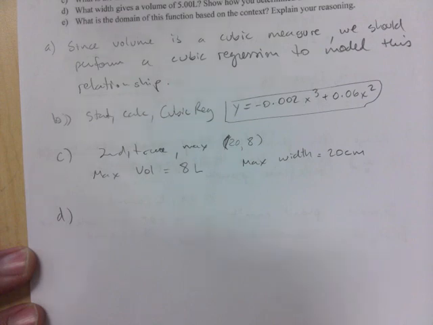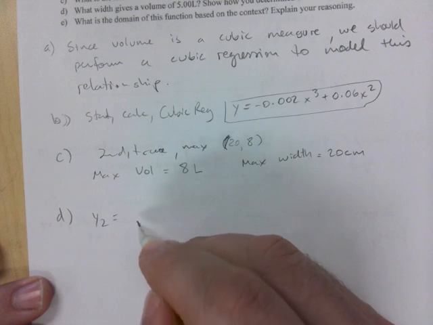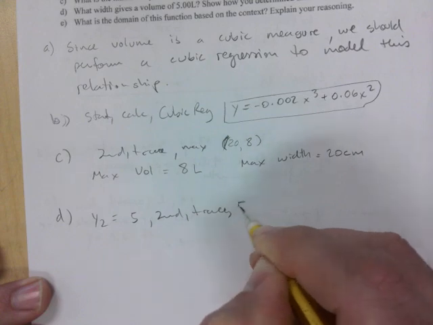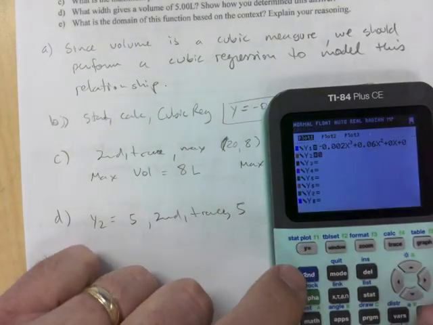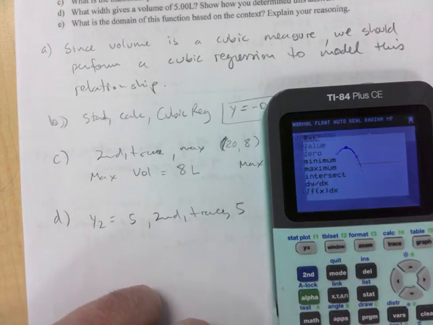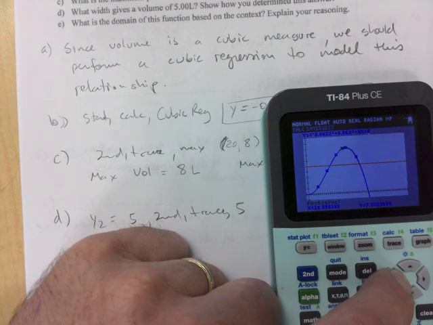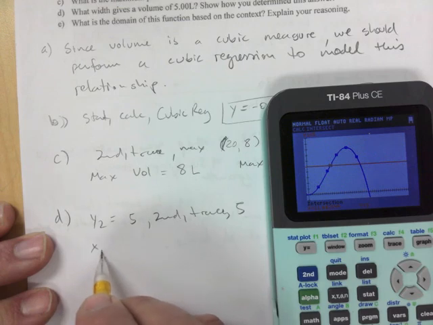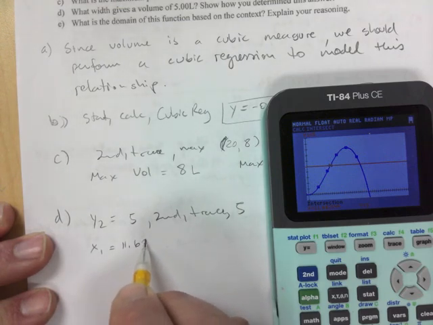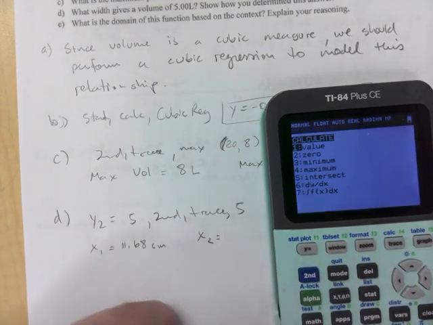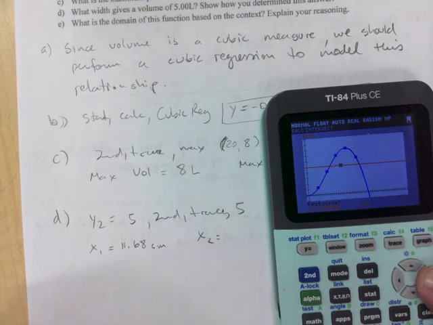What width gives a volume of 5 liters? Show how you determined your answer. They're giving you volume, right? The y value. So we're going to go y2 is equal to 5. Then second, trace 5 for intersect. There it is. There are 2 widths that make that happen. It's kind of like the quadratics unit, right? So we can say that x1 would be 11.68 centimeters. x2, go here.